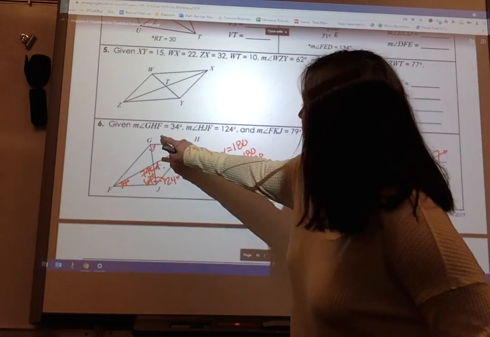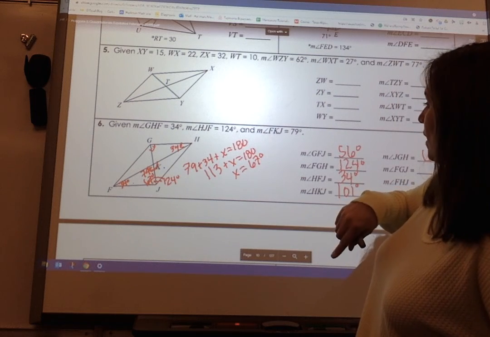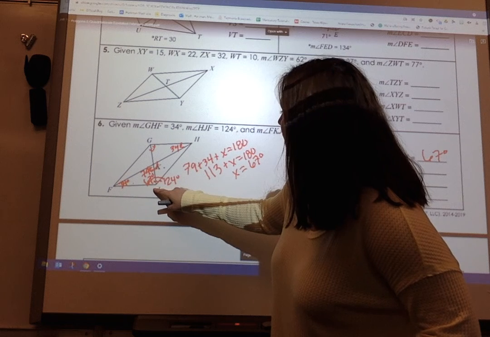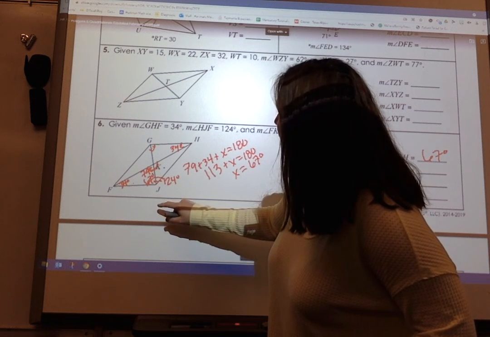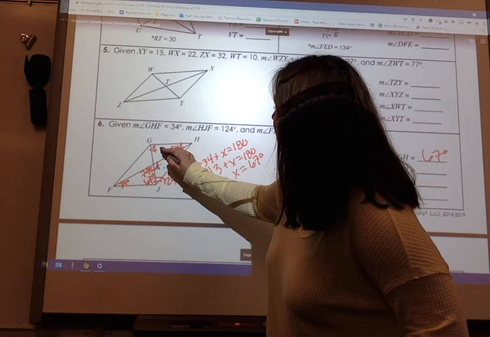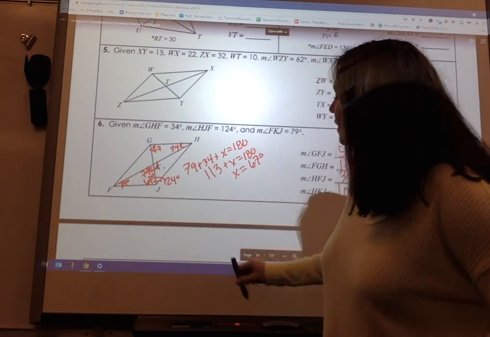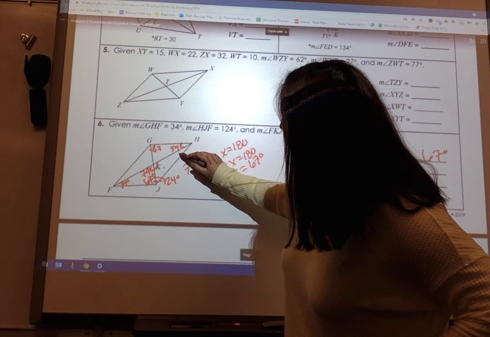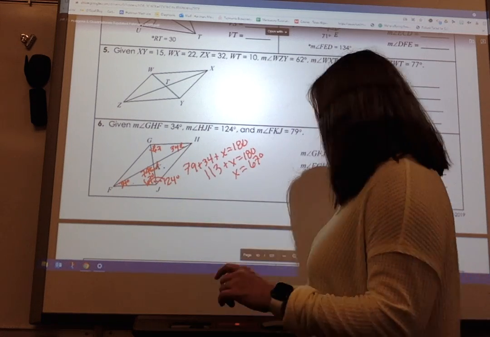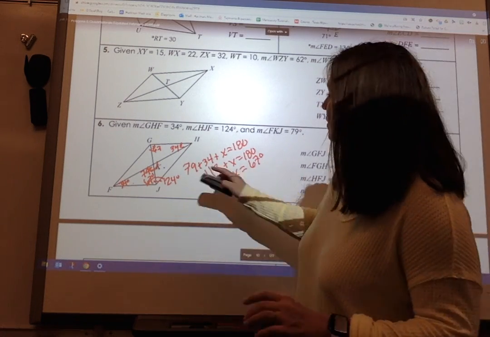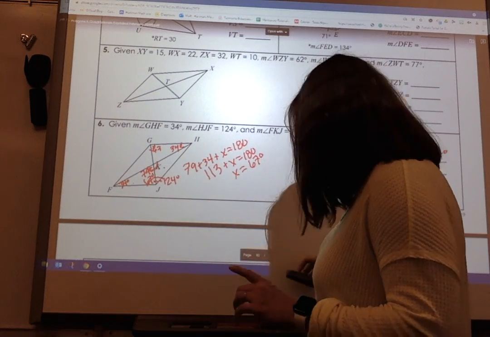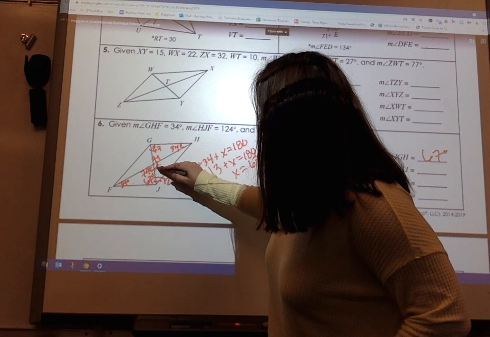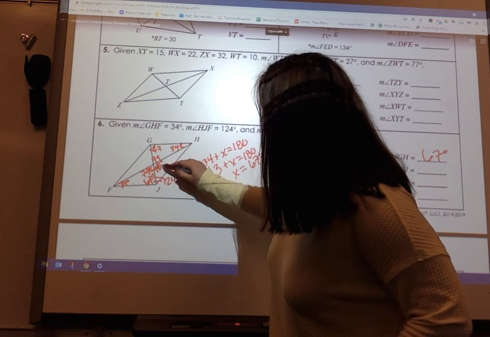If I'm looking for FHJ, I can do the same thing. This is 67 degrees. Opposite angles, I have, let me see, hang on, my 67, 34. Vertical angles makes this 79. I know that this is 101 degrees.